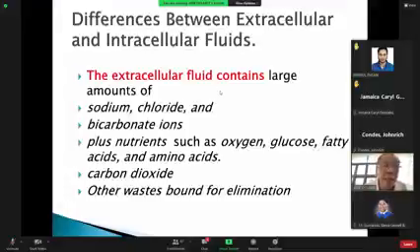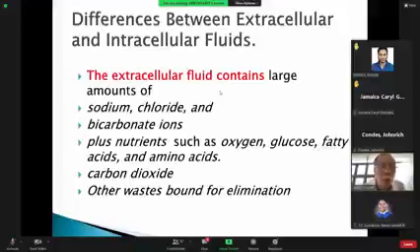Nutrients such as oxygen, glucose, fatty acids, and amino acids are also abundant in the ECF because after digestion of food in the intestine, they are conveyed into the blood. So in the ECF, there are more amino acids, fatty acids, and glucose.